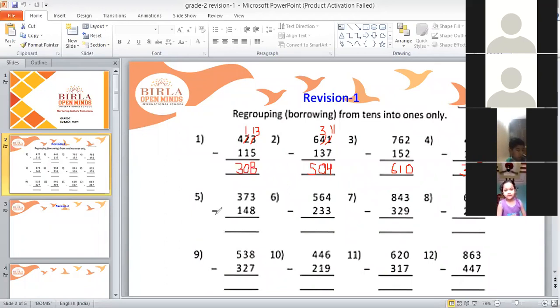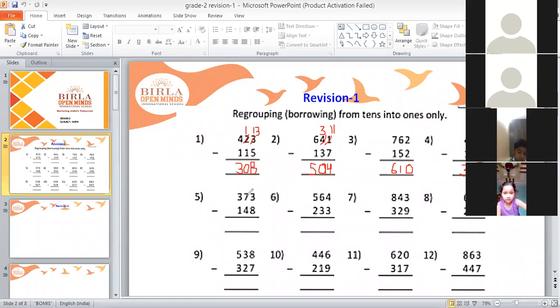So now tell me what are the numbers in ones place? 3 and 8. Okay, so now you tell me, is it possible to subtract 8 from 3? No, ma'am. So what we'll do? We should borrow from tens. Okay, so now we'll take borrow from the number in tens place. So now tell me what is the number in tens place? 7 and 4.